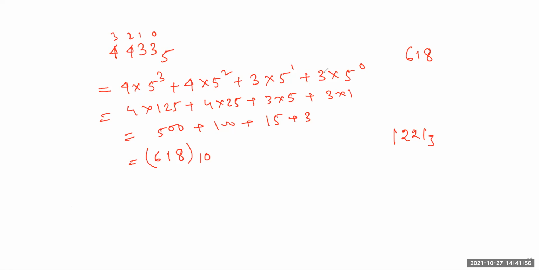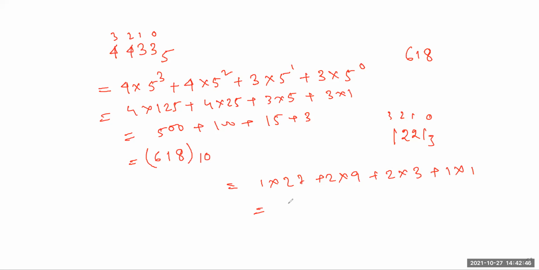Sir, 52. Yes, 52 is the correct answer. Okay, so 0, 1, 2, 3. 1 into 3 to the power 3 means 27, plus 2 into 3 square is 18, plus 2 into 3 to the power 1 means 6, plus 1 into 3 to the power 0 means 1.